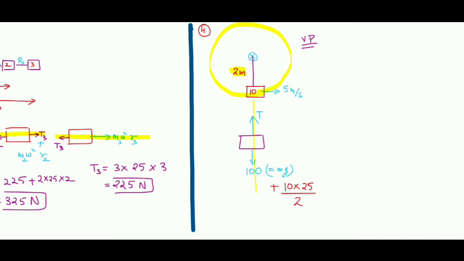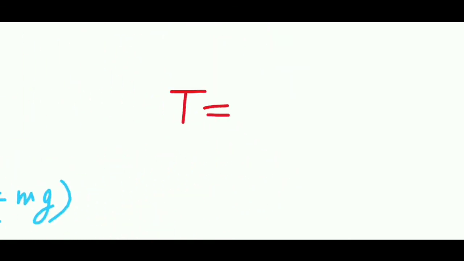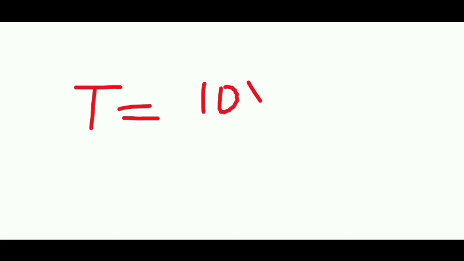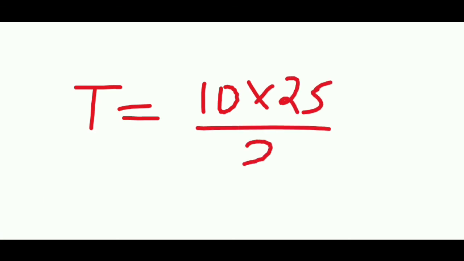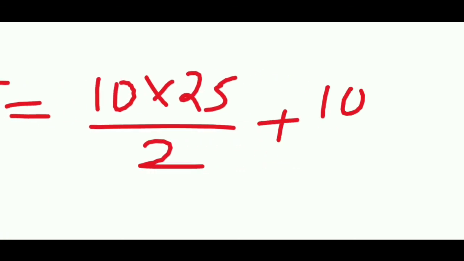So this is my free body diagram. Tension is towards the center, while mg and m omega square r are both in the opposite direction of the center. After applying pseudo force, I can balance these forces. So tension will be equal to mg plus mv square by r. That is 10 into 25 divided by 2, plus 100.